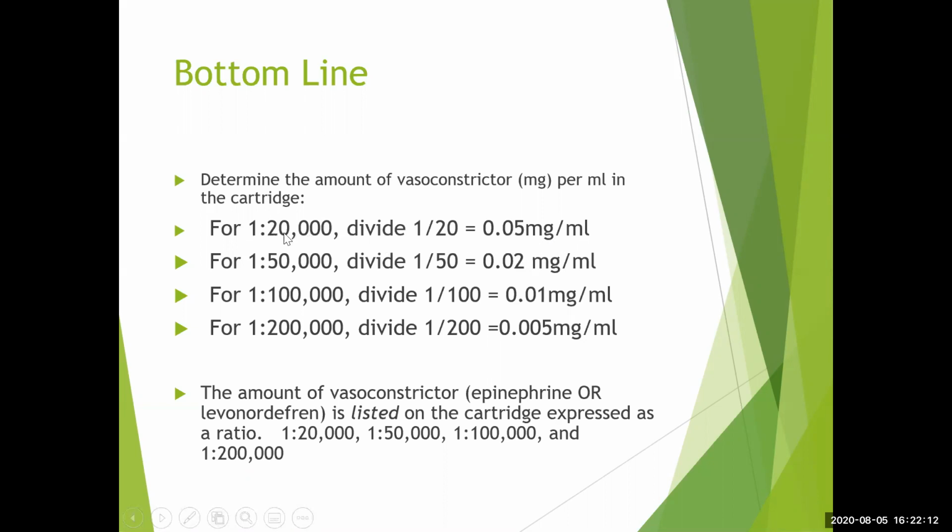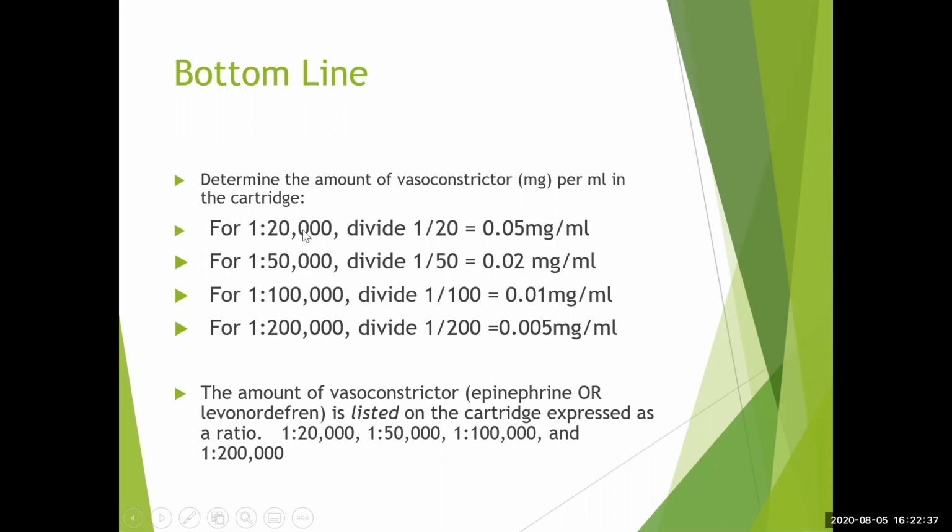So in a ratio of 1 to 20,000, you have 0.05 milligrams of vasoconstrictor per milliliter in that cartridge. If the ratio is 1 to 50,000, just get rid of those last 3 zeros and then divide 1 by 50, and you find out that you have 0.02 milligrams per milliliter of vasoconstrictor in that cartridge.